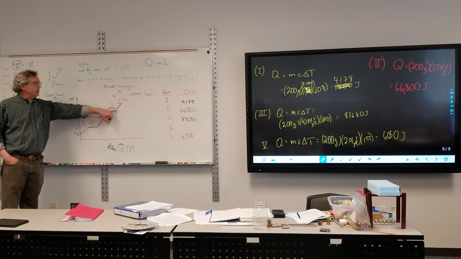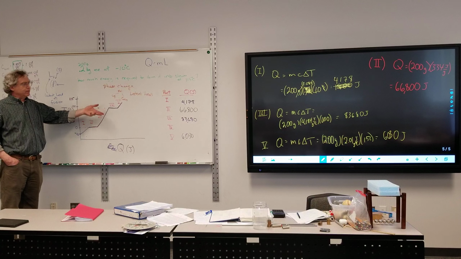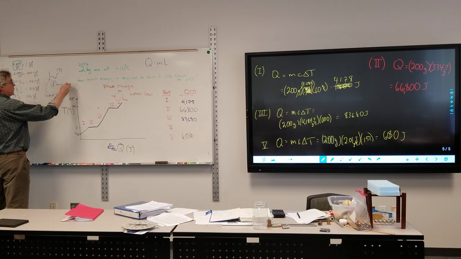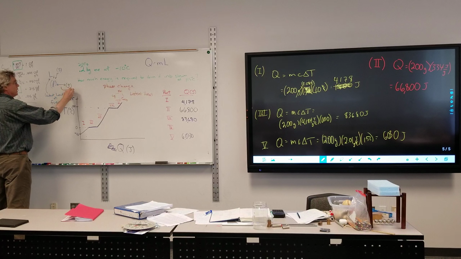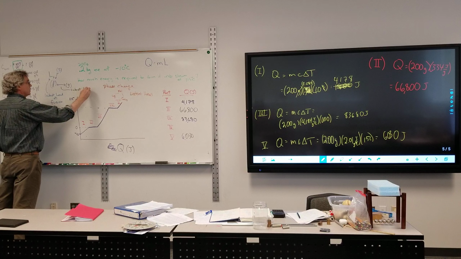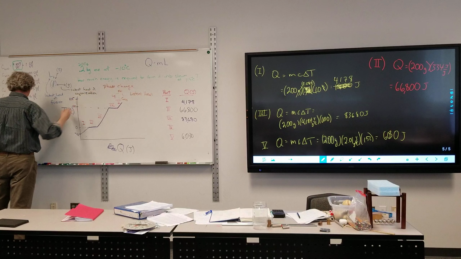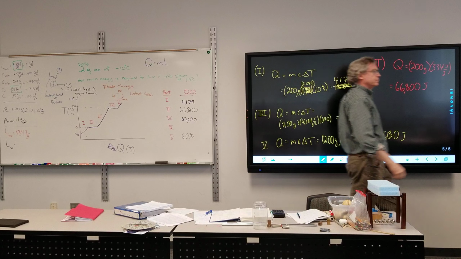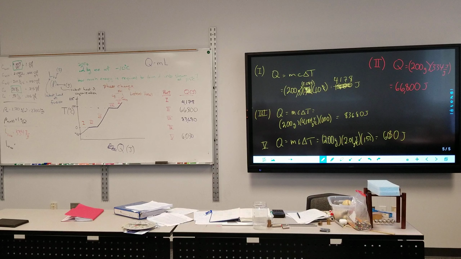If I'm going from liquid into gas, I'm boiling in this particular case, but they go by vaporization. So between liquid and gas, I use the latent heat of vaporization. L sub V for water is 2260 joules per gram.